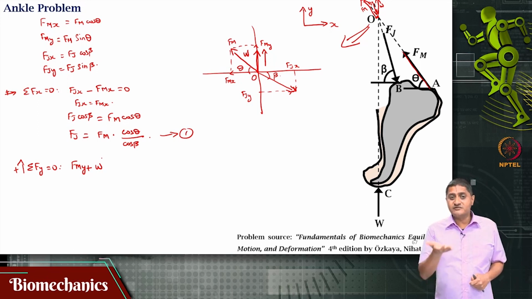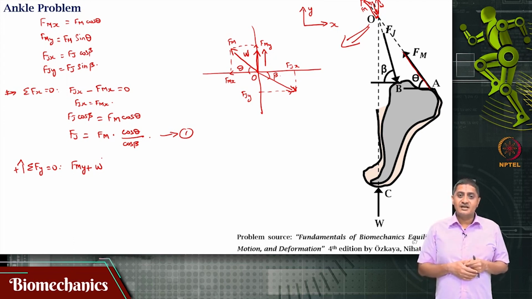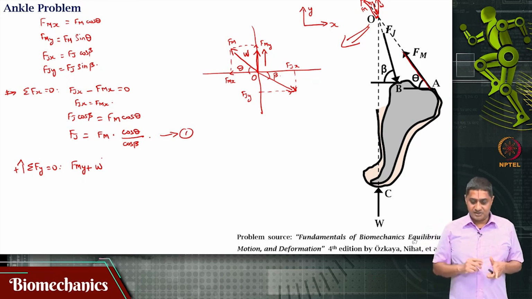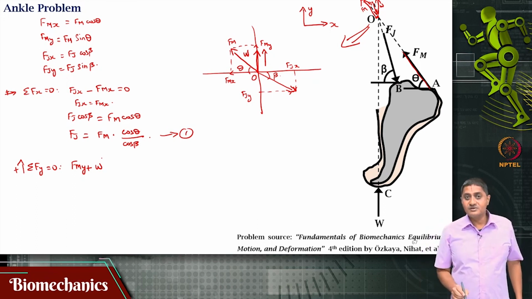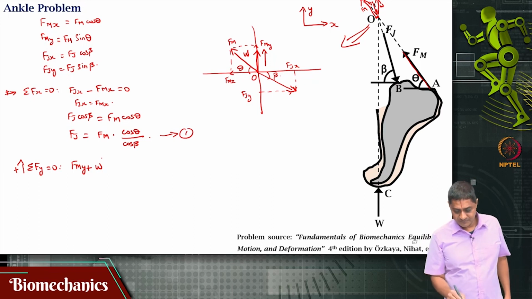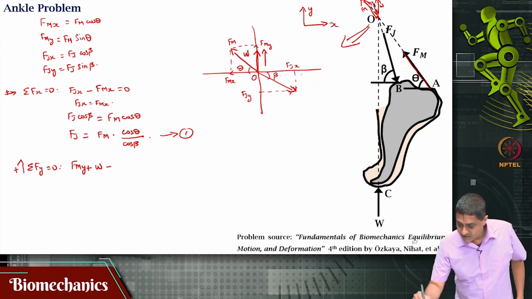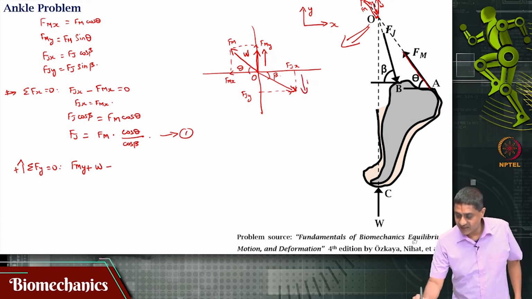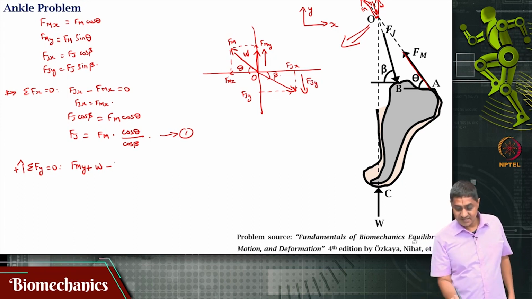The ground reaction force, because the whole system is in static equilibrium, is acting in the positive y direction, because of which it is plus W minus Fjy, that is that force, is it not? Fjy force. The direction is negative.